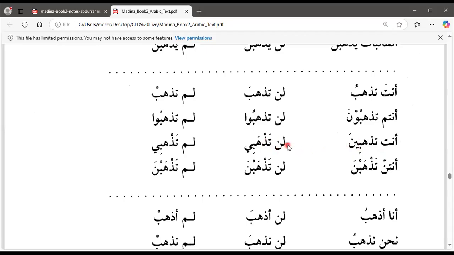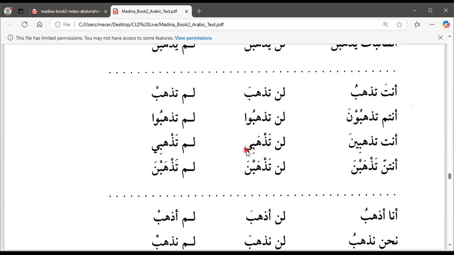And what if she wants to negate the future, that she's not going to the village tomorrow? She can use lan tadhabi.